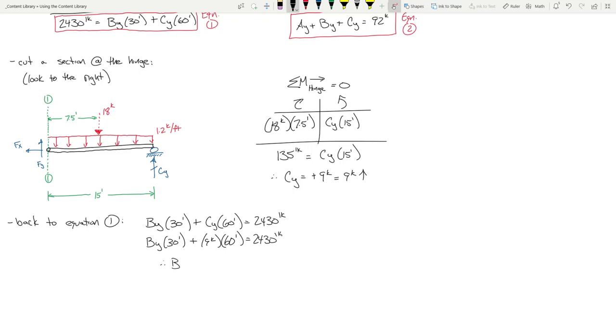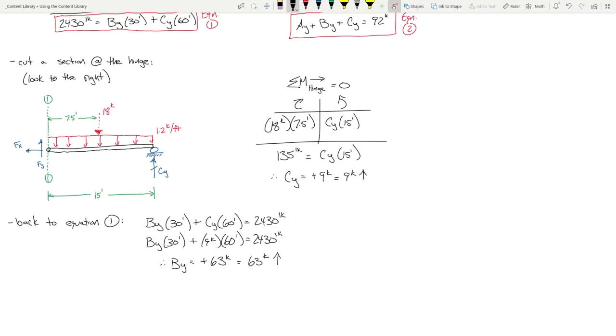So what does BY end up equaling when it's all said and done? Because all you do is you take 9 times 60, move it over here, divide by 30. What do we got? 63. Yeah. Okay, so plus 63 kips.